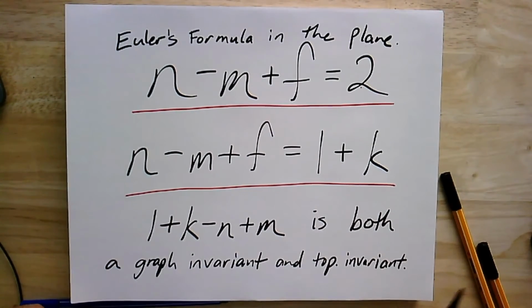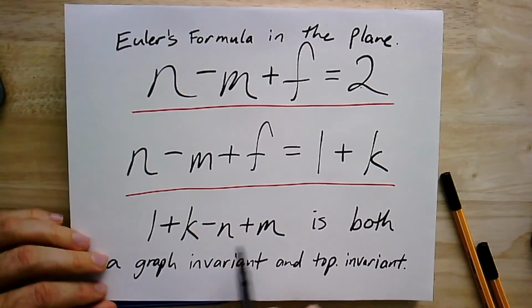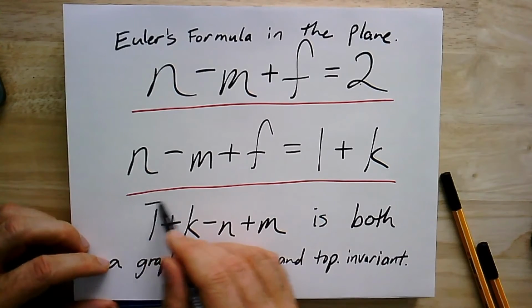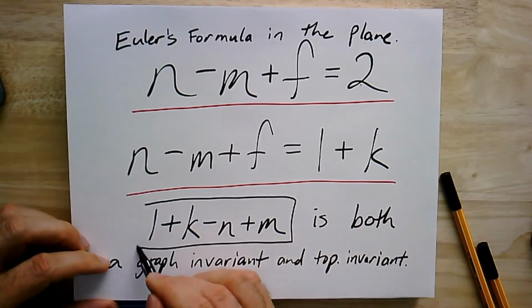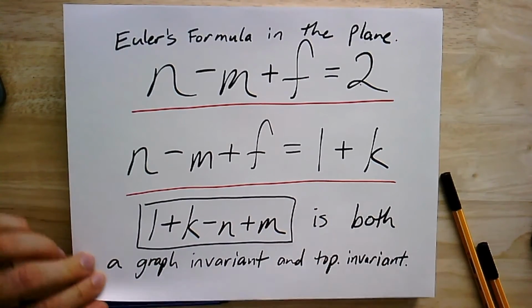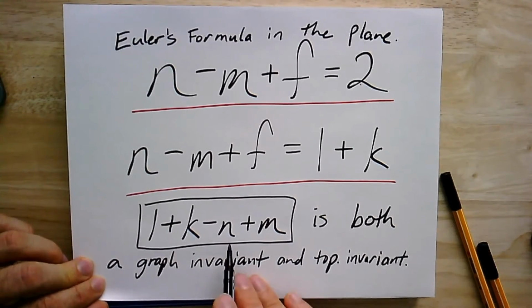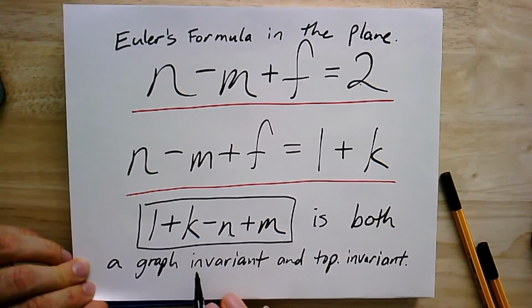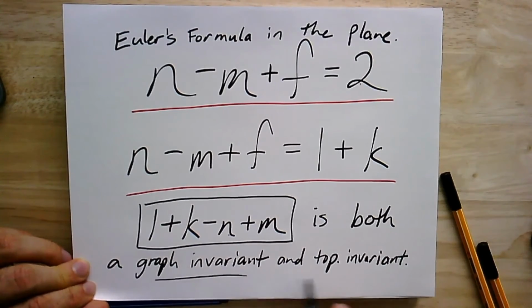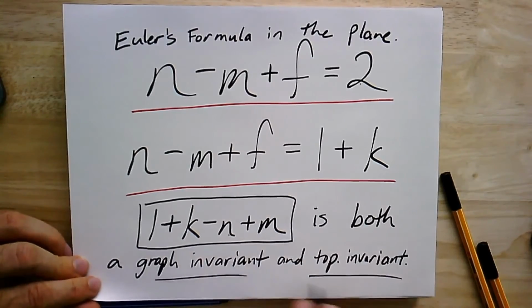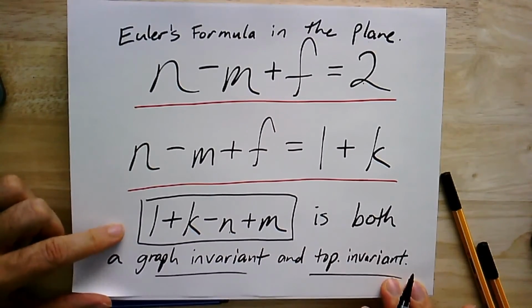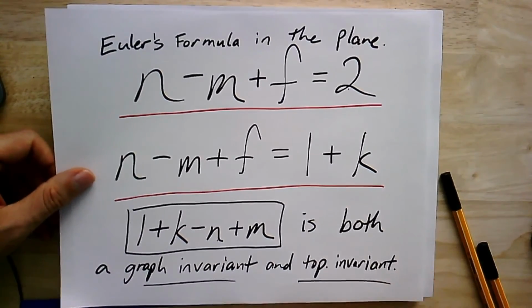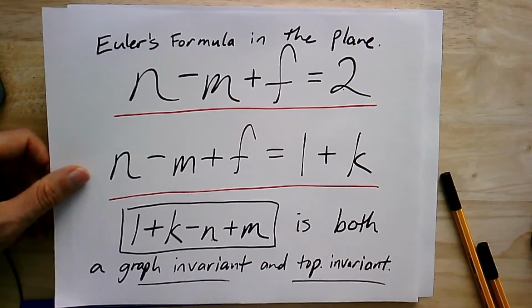And if you want to wrangle this into a graph invariant, you move the faces to one side, and you get that 1 plus k minus n plus m is a graph invariant. We kind of knew that already because n and m are graph invariants, and the number of components is a graph invariant. But it's also a topological invariant. Okay, so this is another way of thinking about the Euler characteristic of a graph in terms of graph invariance and topological invariance.